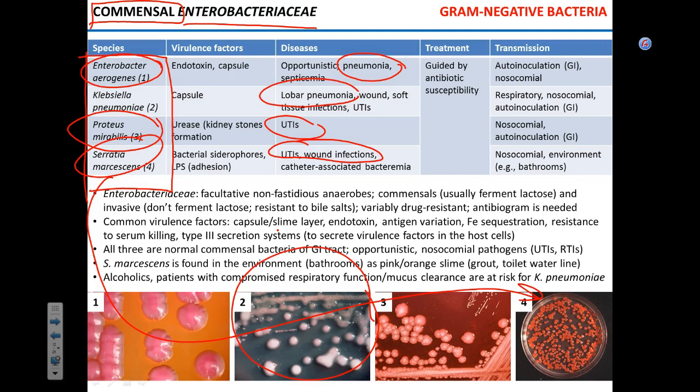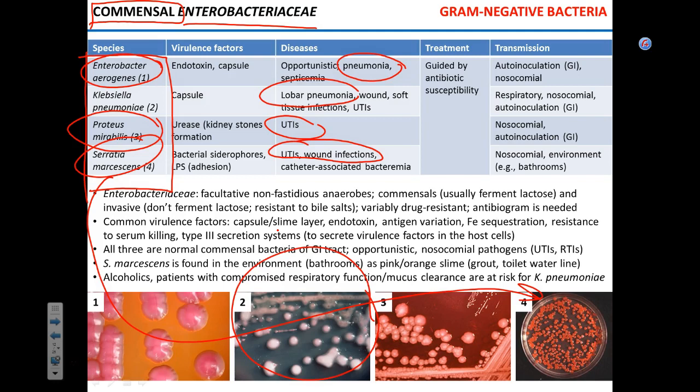Another pretty common thing among these 4 is that since they are present in the human gut and are constantly exposed to antibiotics, they develop a pretty broad range of antibiotic resistance.